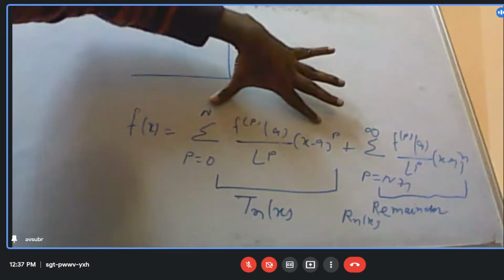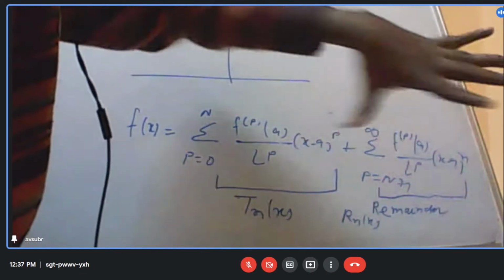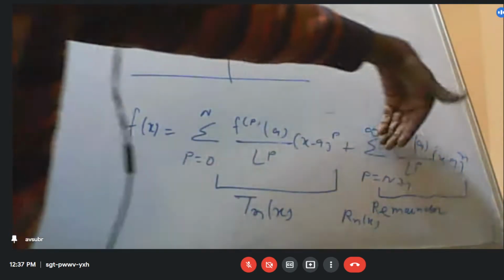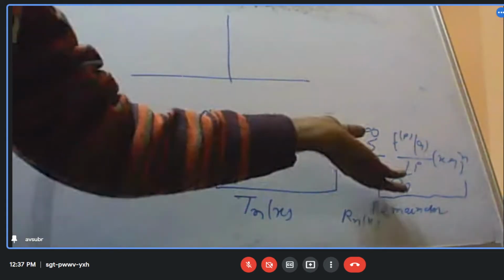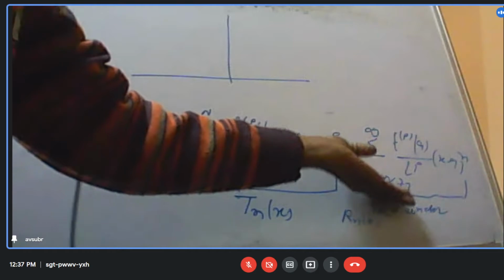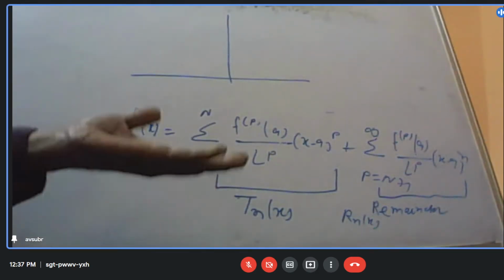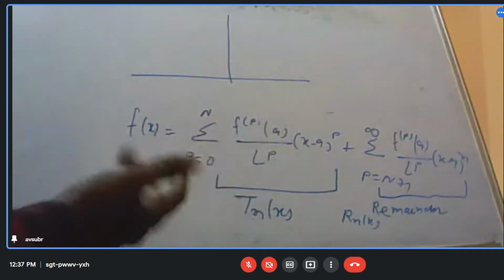I have taken up to n terms, and from n plus 1 to infinity, they all are remainder. I can write down as many terms as I like. How does it matter? It is the same thing, from n plus 1 to infinity. I hope it is clear. So it doesn't matter actually.